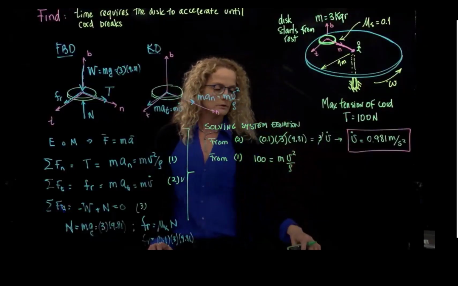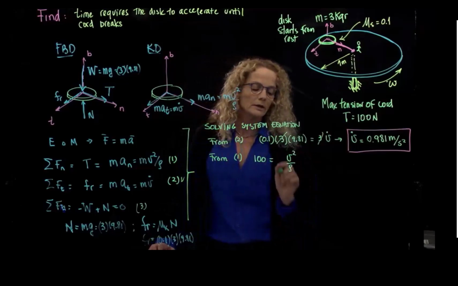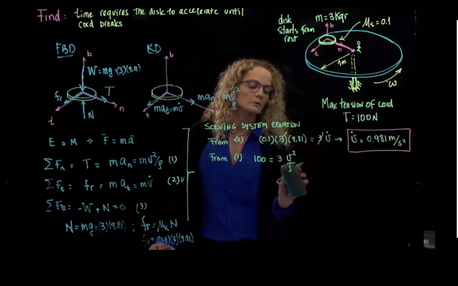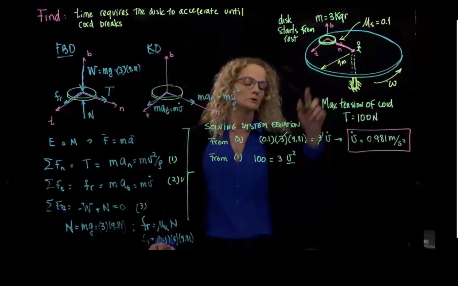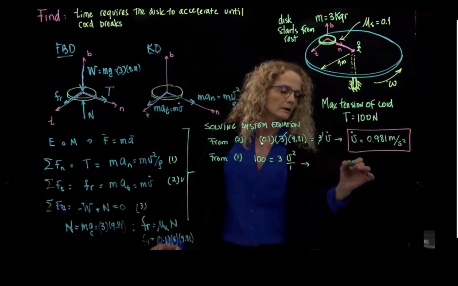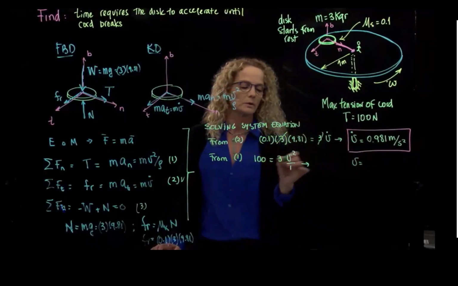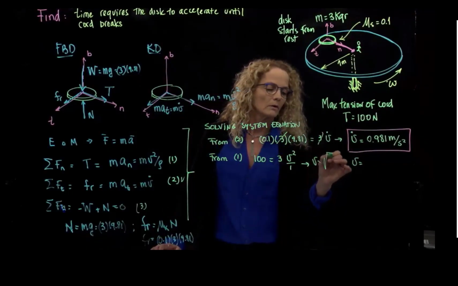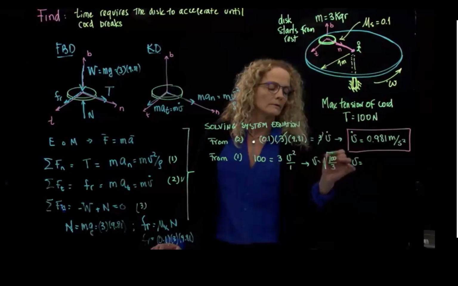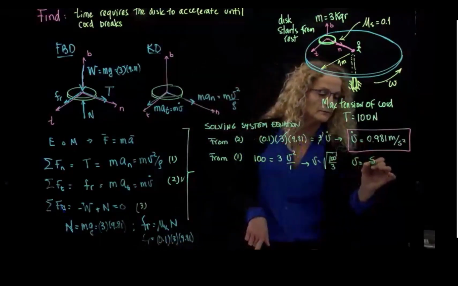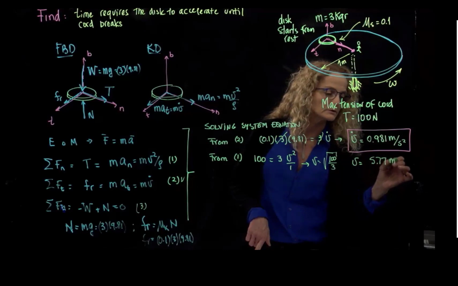So we can substitute the mass, which is 3, and we can substitute the radius of curvature, which is 1, right? Here we can get the velocity, and actually it's just the square root of 100 divided by 3, right? And that's 5.77 meters per second.